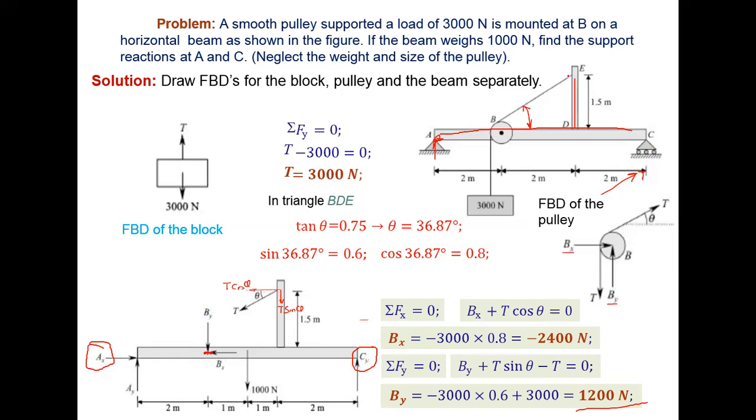Next, this E point is subjected to a tension because of this 3000 Newton weight. So what magnitude of tension is acting at this E point? That is T. Okay, so T is acting at some inclination theta. So you can find its components along the horizontal and vertical axes. So the horizontal one is T cos theta, and the vertical is T sin theta.